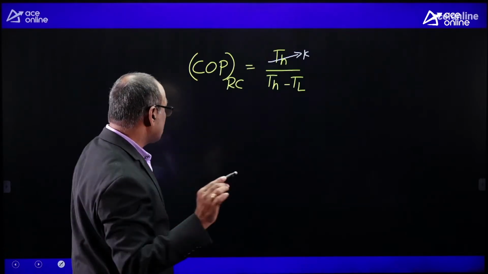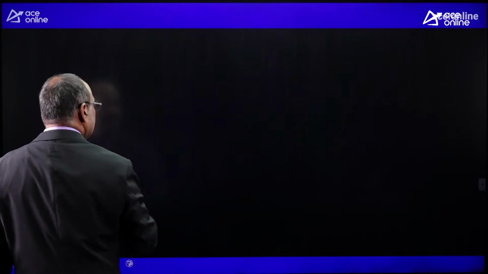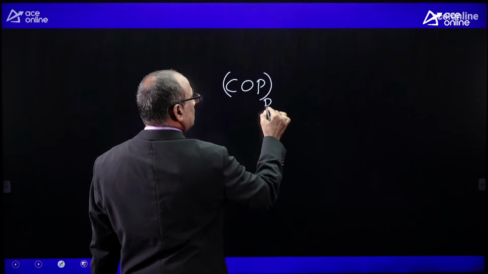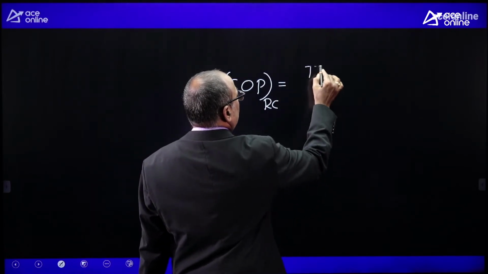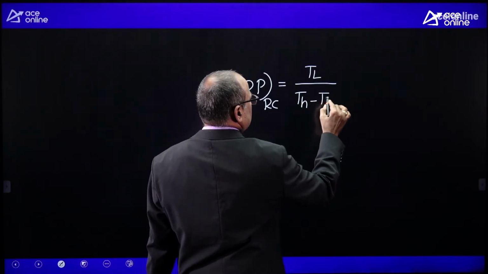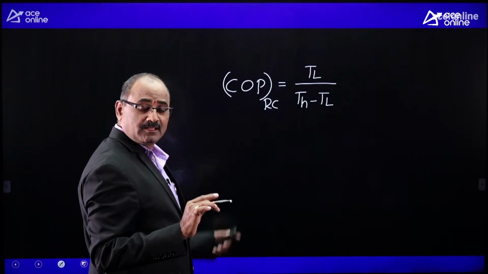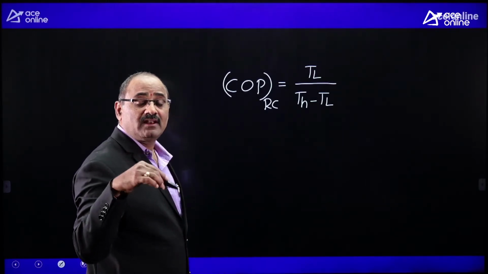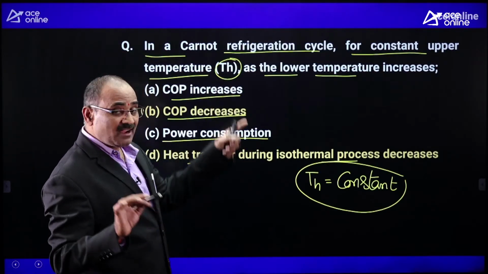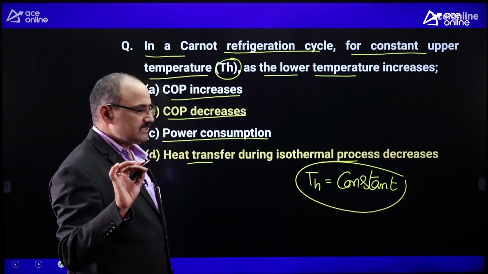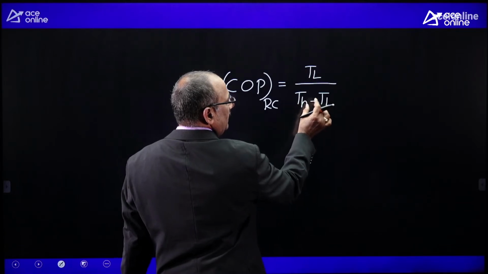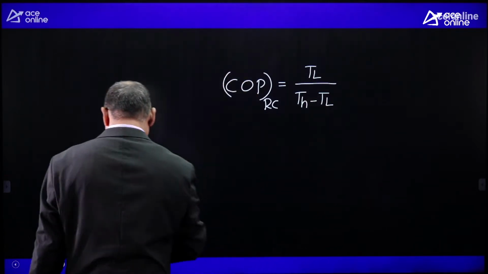Wait a minute, the COP of the reversed Carnot cycle. I thought it was the heat pump. The previous problem I wrote is for the COP of the heat pump, but it is asked for the COP of the Carnot refrigerator. COP of the Carnot refrigerator is equal to the lowest absolute temperature divided by the highest minus the lowest absolute temperature.